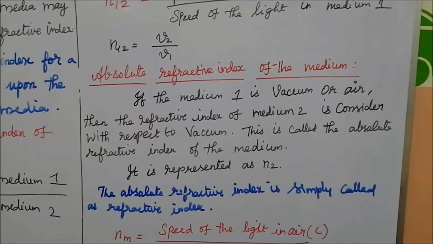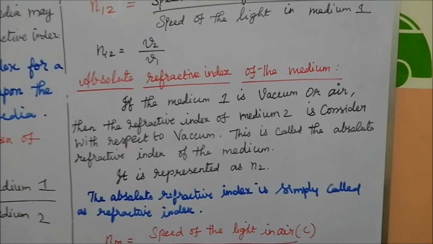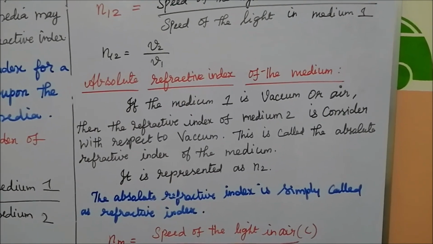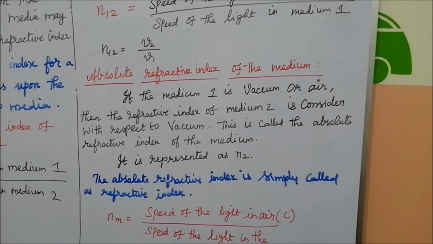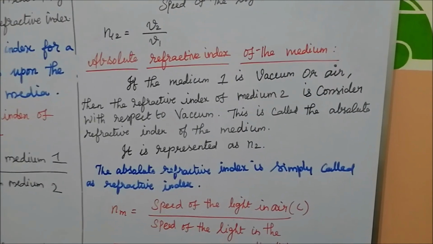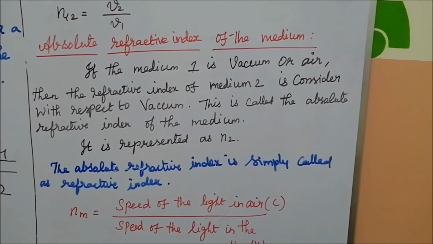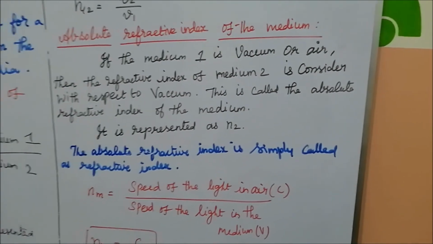Then, the absolute refractive index of a medium. If medium 1 is vacuum or air, then the refractive index of medium 2 is considered with respect to vacuum. This is called the absolute refractive index of the medium, and it is usually represented as N2.